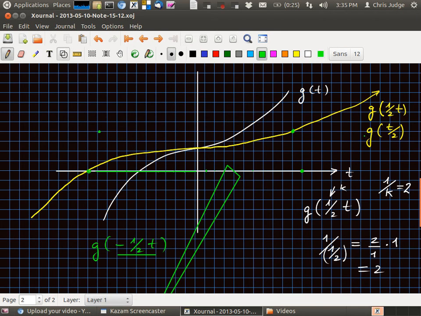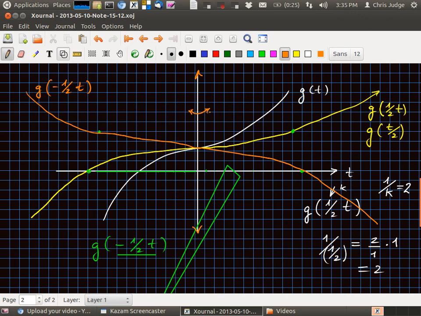Everything gets flipped across the y-axis. So now the new curve will look something like this. This is the graph of g of minus 1/2 t. It's the same as the yellow curve, it's just been flipped across the y-axis.